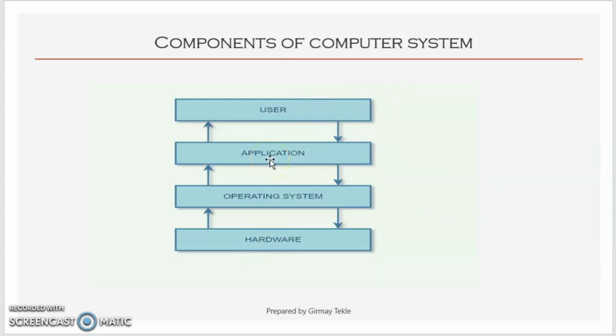The machine must have application programs, and in the same manner, the machine must have an operating system. This operating system will interact the user with the machine. When any user needs to interact with the machine, that needs the role of the operating system. The operating system is very important.